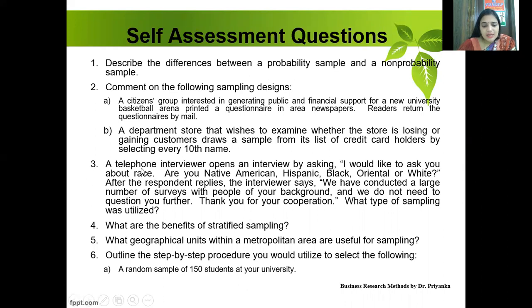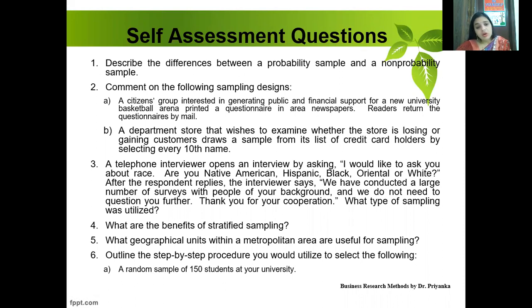Third question is, a telephone interviewer opens an interview by asking, I would like to ask you about race. Are you Native American, Hispanic, Black, Oriental, or white? After the respondent replies, the interviewer says, we have conducted a large number of surveys with people of your background and we do not need to question you further.